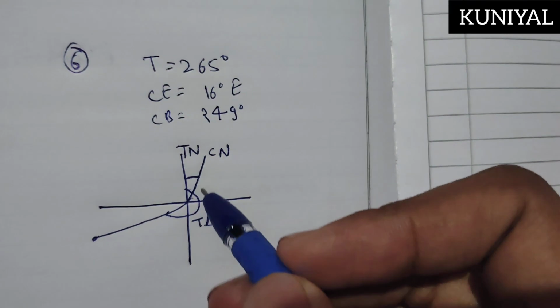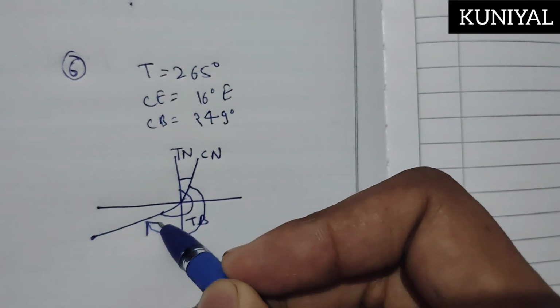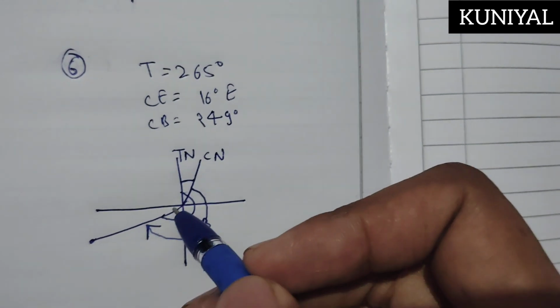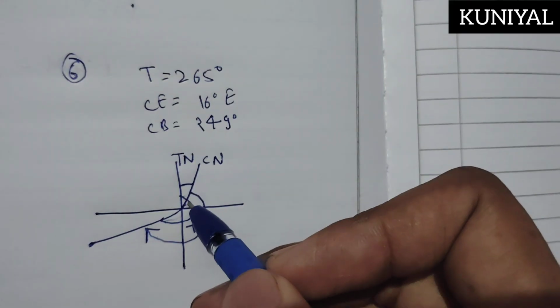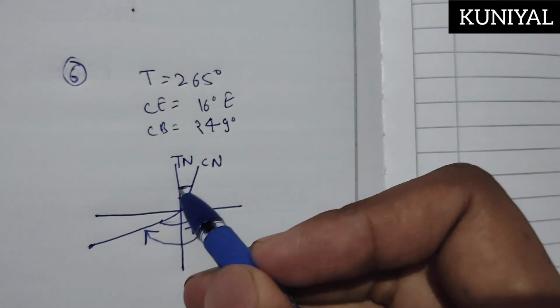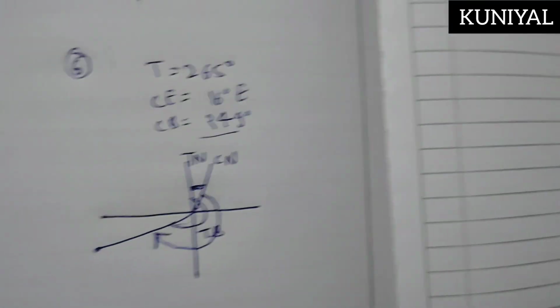We have to find the compass bearing, which will be this. How will we get this? We subtract the compass error from the true bearing, so it will be the same, 249 degrees.